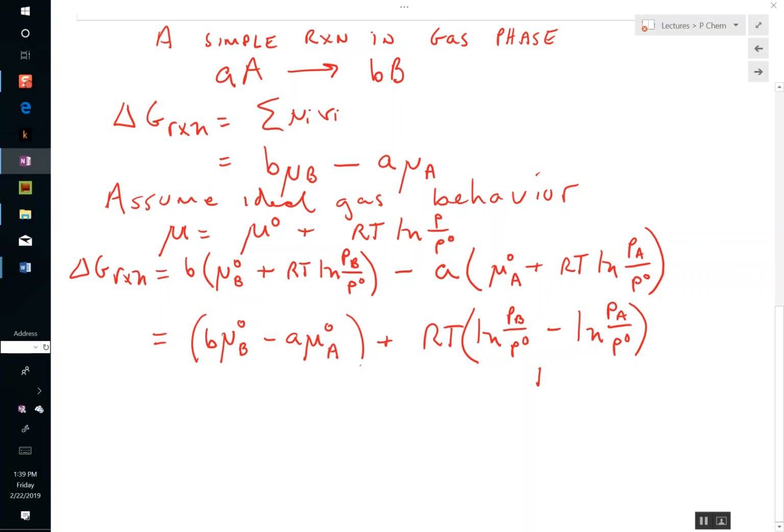And this term here can result in just taking this divided by this, the ln of PB over P naught divided by PA over P naught, and have an RT in front of it. And this term converts into just the delta G of the reaction at standard conditions.